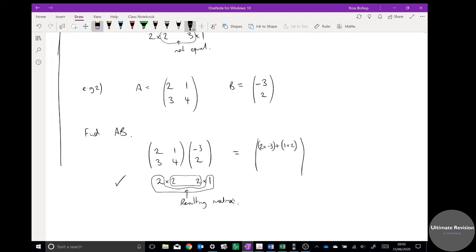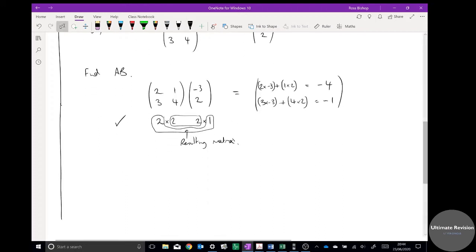The second one is going to be 3 times -3 plus 4 times 2. If we work that out, that's -4 on the top and -1 on the bottom. So my answer is the matrix [-4; -1].